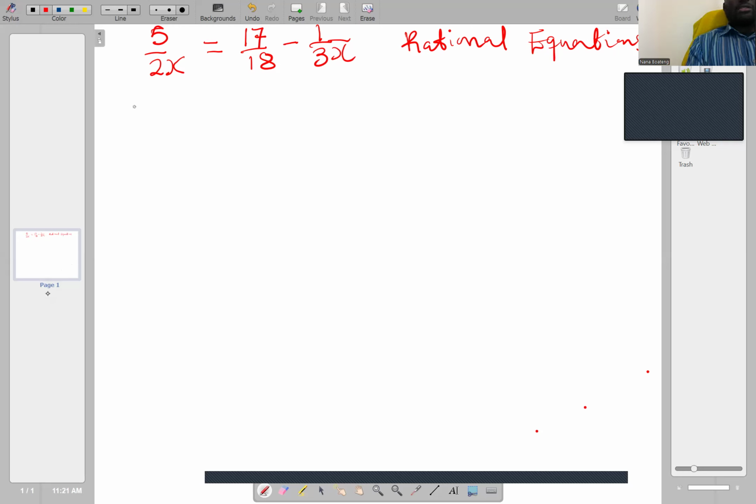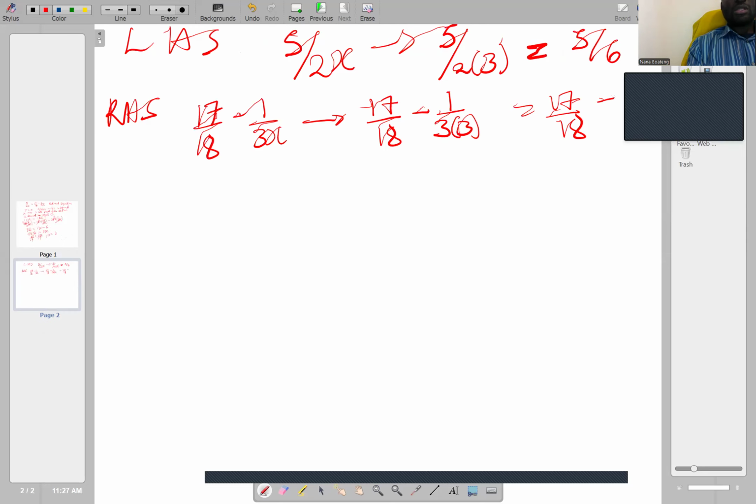If we substitute x is equal to 3 into this, we get 17 divided by 18 minus 1 divided by 3 times 3, which is 9.